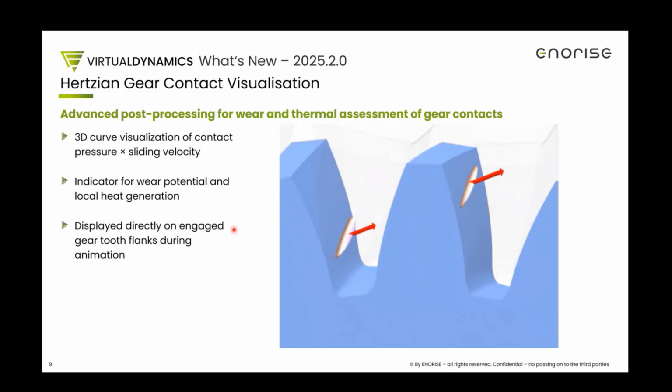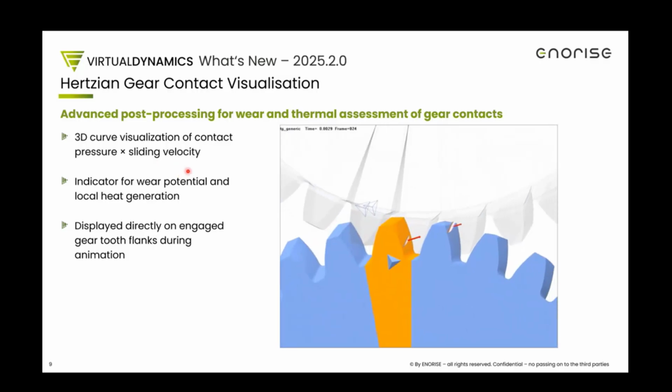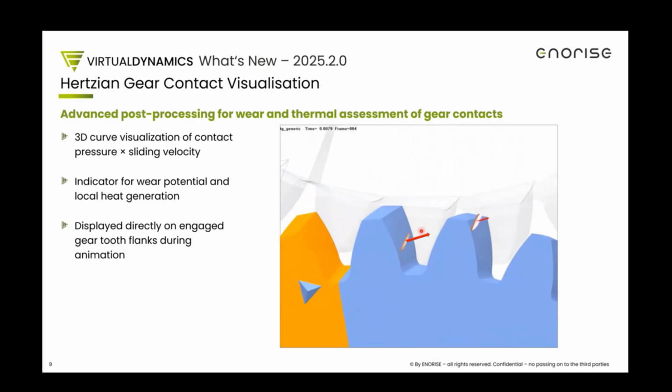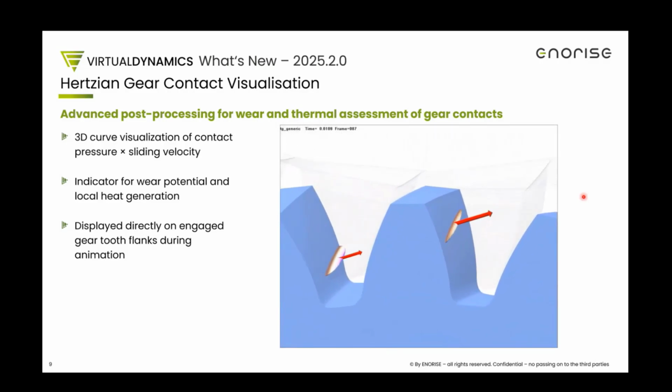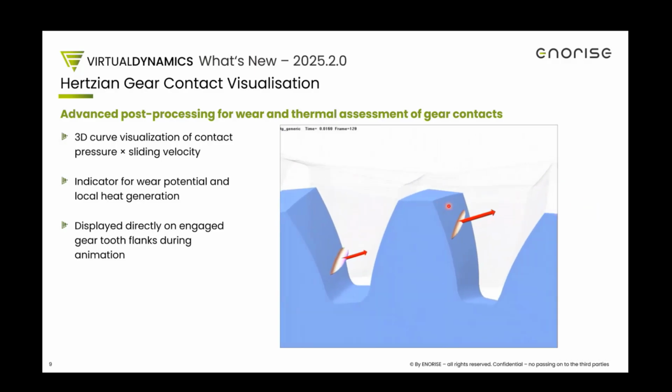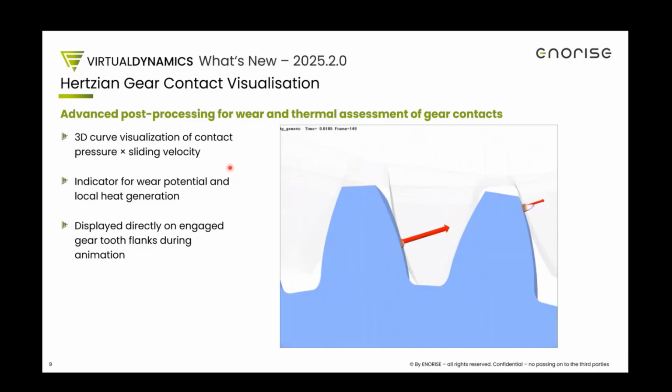And in a very similar improvement, the wear indicator, which is the product of the contact pressure and the sliding velocity, can also now be visualized in a 3D animation, which means you can put the rolling velocity or the contact pressures on the other side of the plot and compare them with each other.